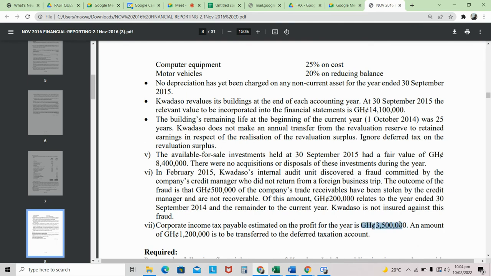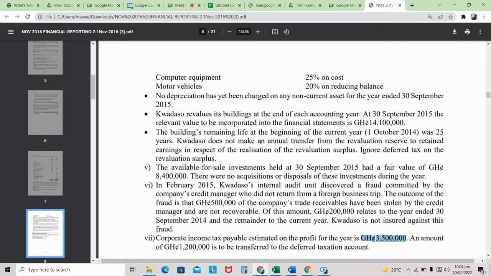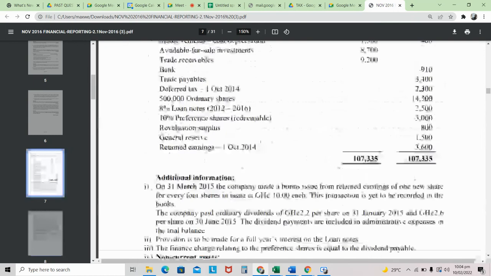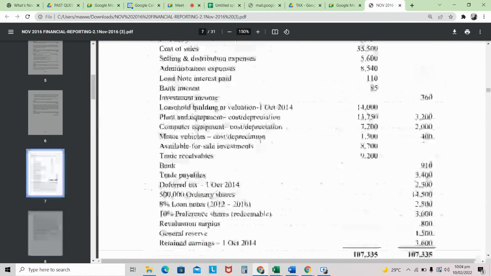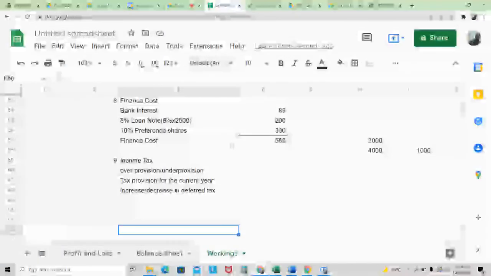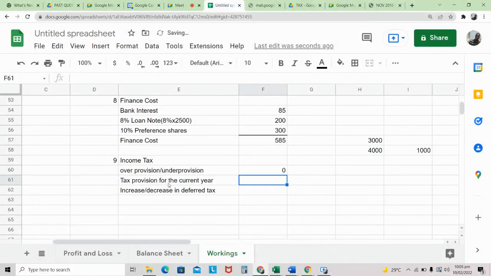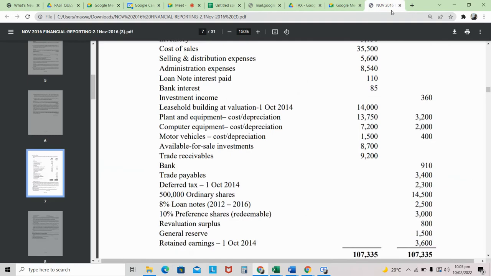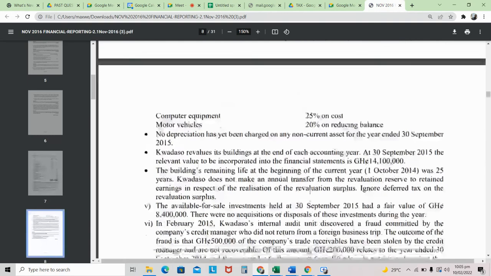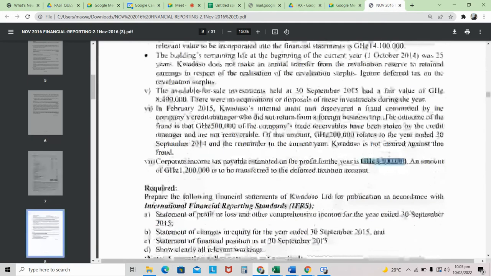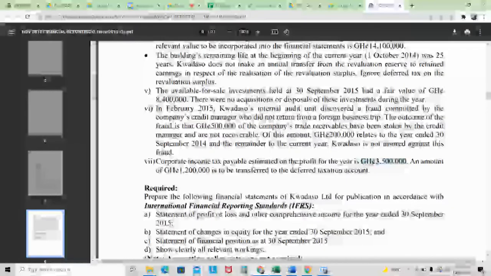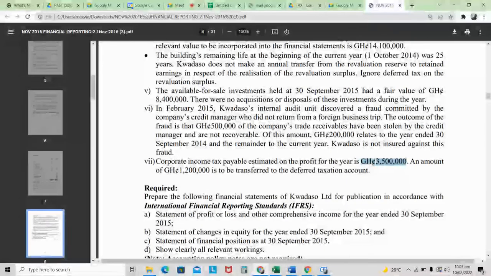So this is the tax provision that the company made for the year. The question didn't state whether there's any over provision or under provision or anything like that, so it means that this one will be zero. But our tax provision for the year is 3,500,000. This is the provision that the company made for tax for the current year.